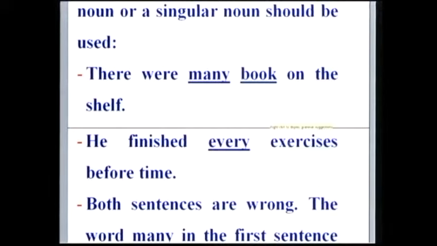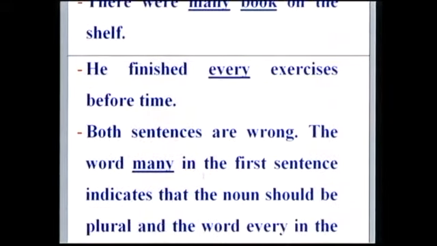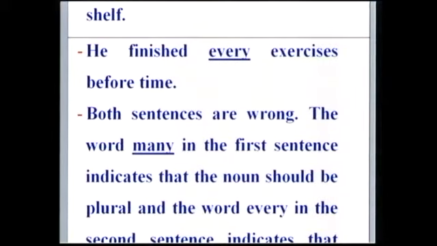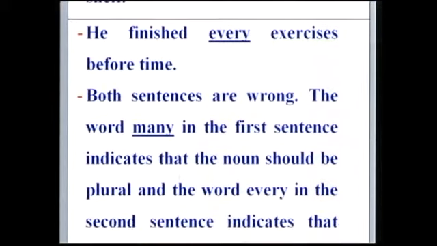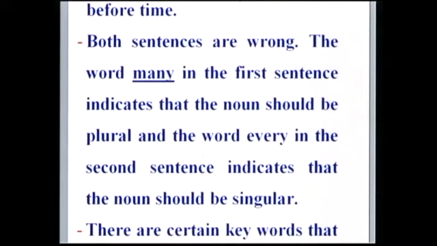It should be every exercise. Both sentences are wrong. The word many in the first sentence indicates that the noun should be plural. ده غير كمان الفعل اللي عندي اللي هو were. And the word every in the second sentence indicates that the noun should be singular.